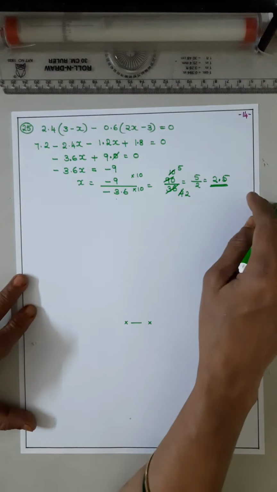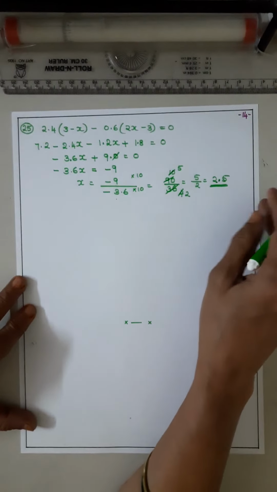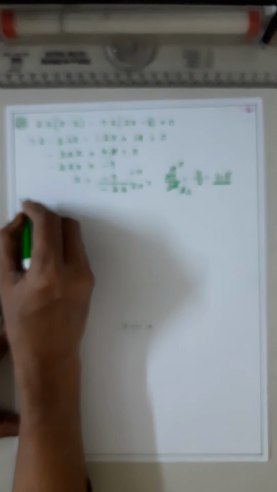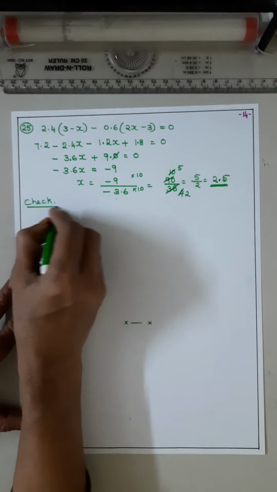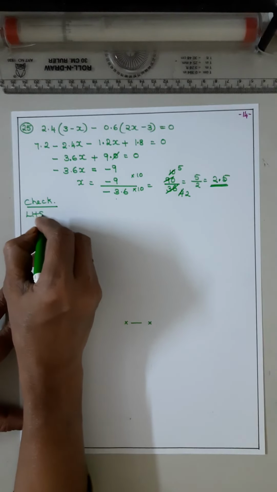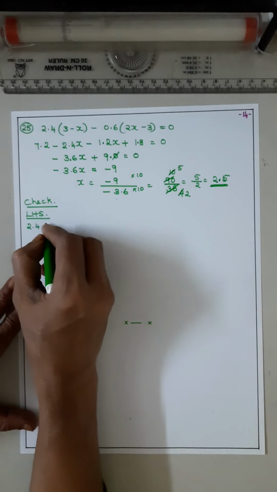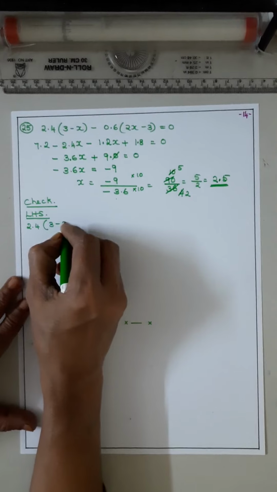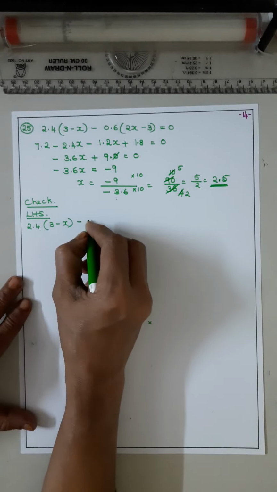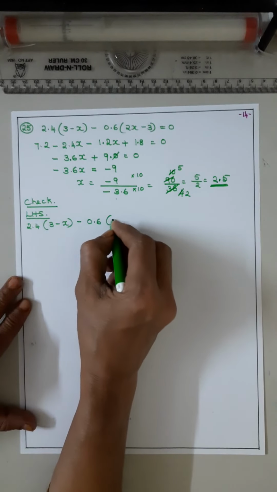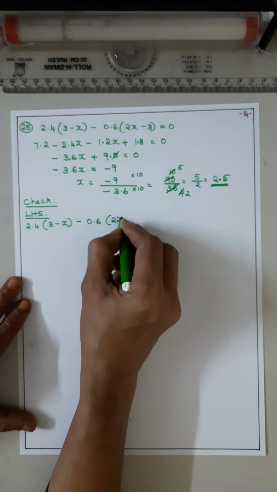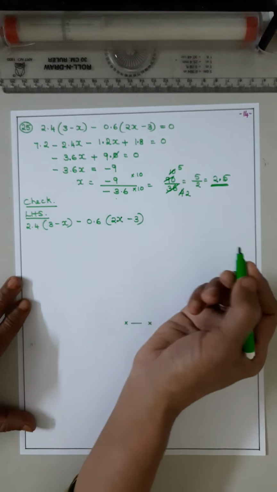Hope you understood this. Now coming to check. LHS: 2.4 (3 minus x) minus 0.6 (2x minus 3).